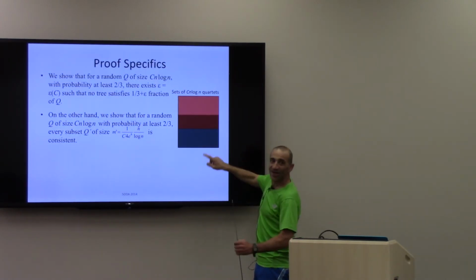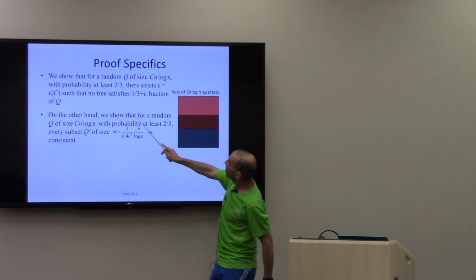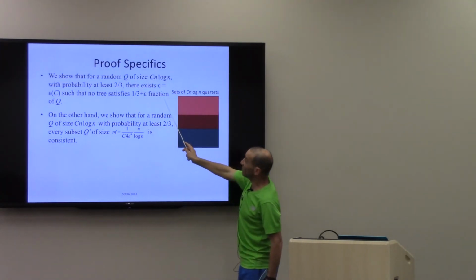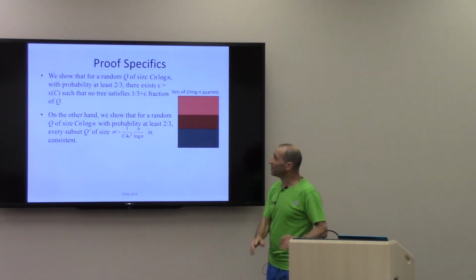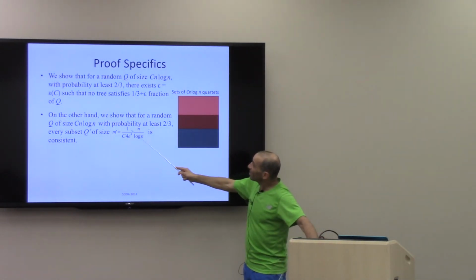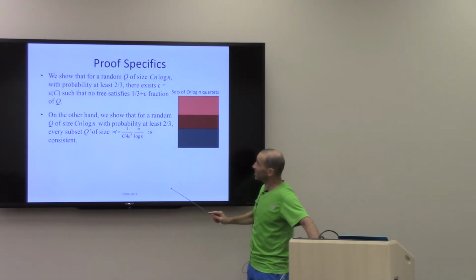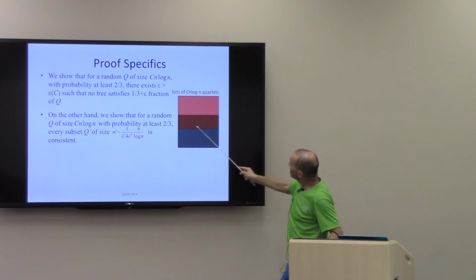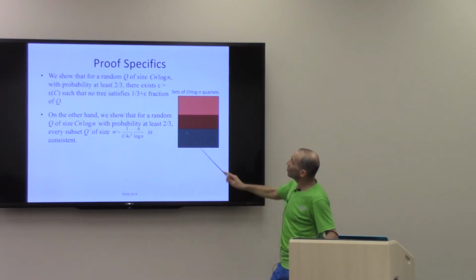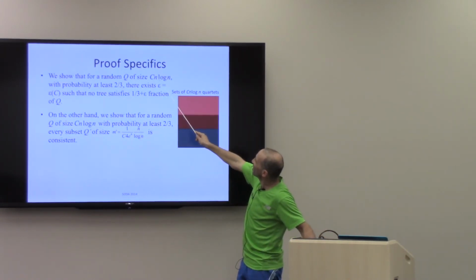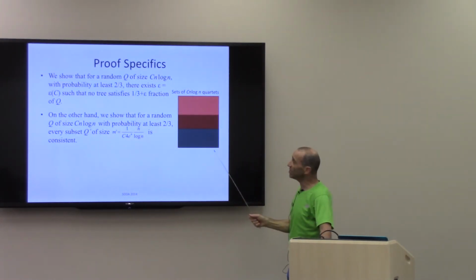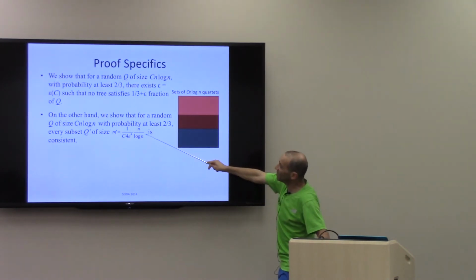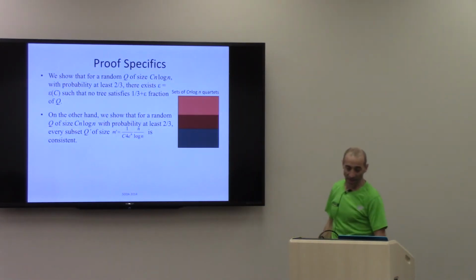A point here is a set of n log n quartets, and for that point every subset Q' of size O(n over log n) is consistent. So all the guys in the intersection are quartet sets of this size that satisfy both properties: very inconsistent, and every subset is consistent.